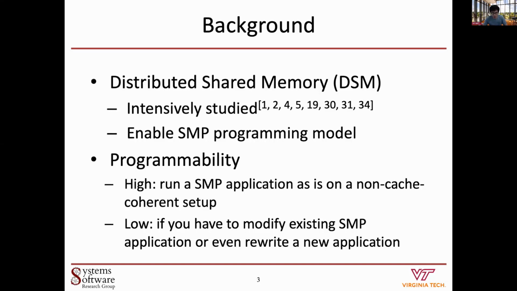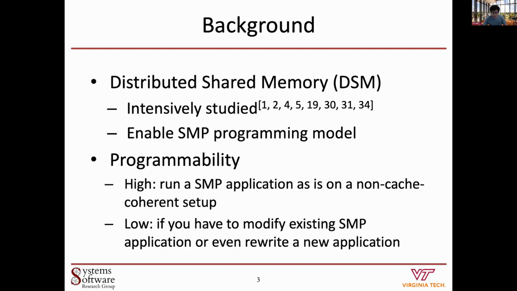We define programmability as the additional programming effort required to run existing shared memory applications in newer distributed architectures. The more programming effort is required, the lower the programmability. Previous works usually use sequential memory consistency (SC) as their DSM protocol, which is an invalidation-based multiple reader and single writer protocol.